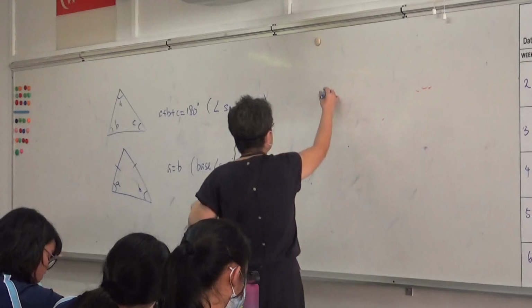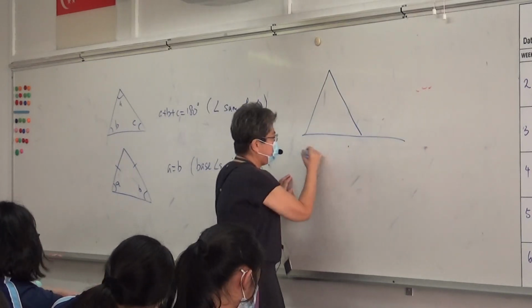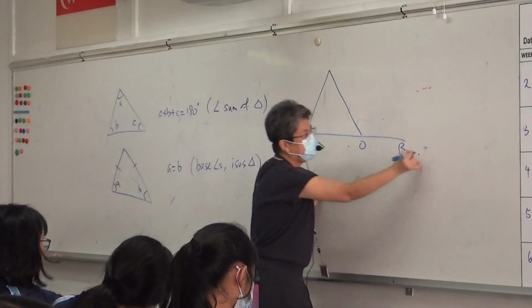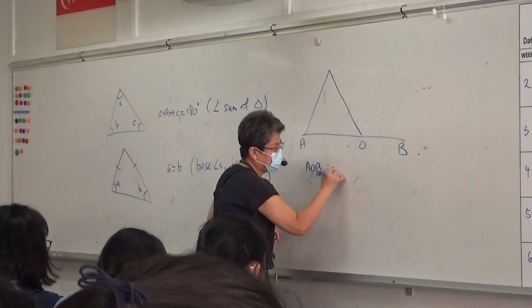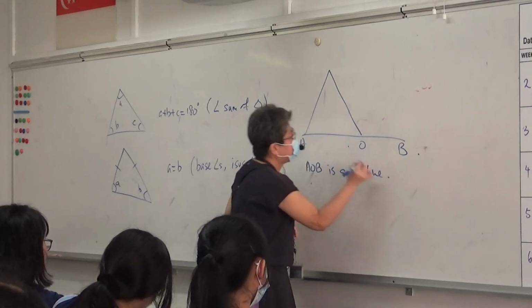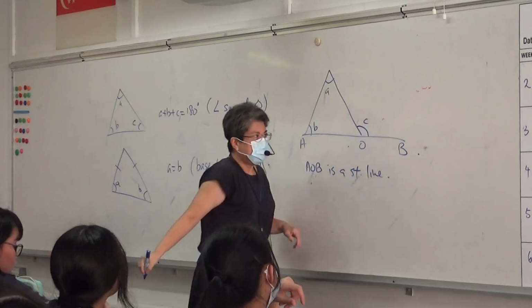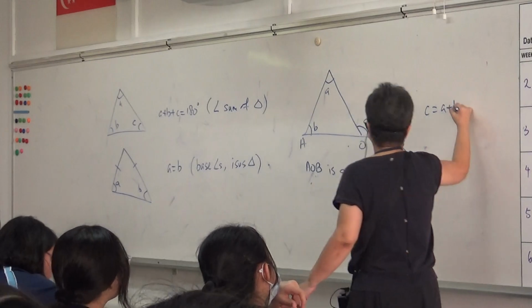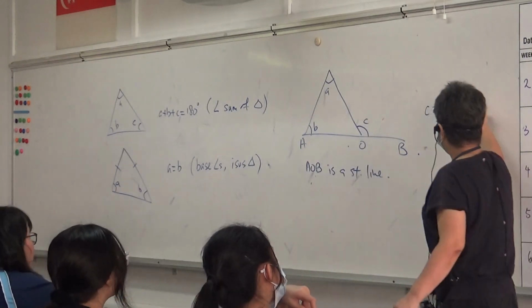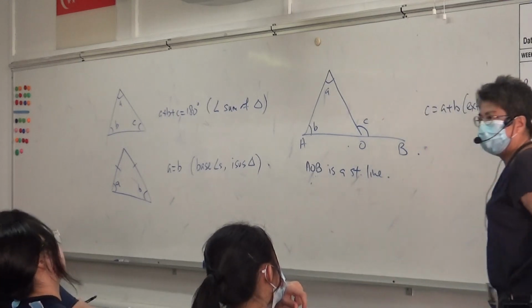Okay? One last property. This is a straight line. AOB is a straight line. Have you done this in primary school? Angle C is actually angle A plus B. This is called the exterior angle of a triangle.